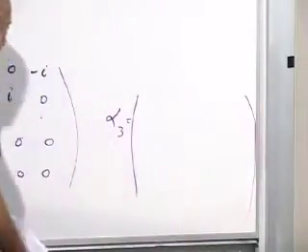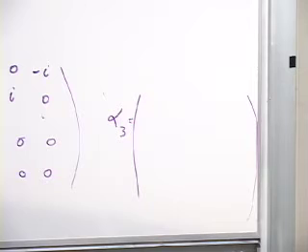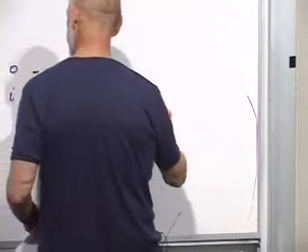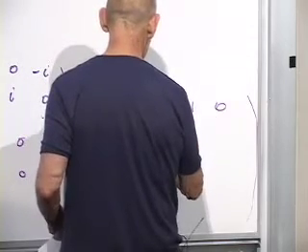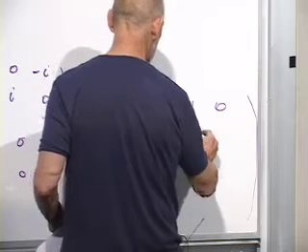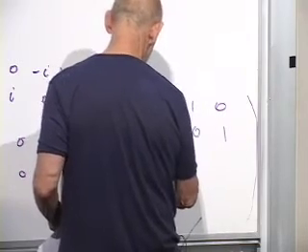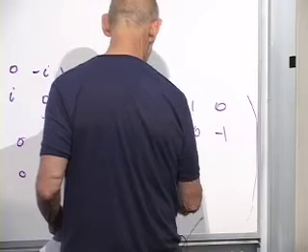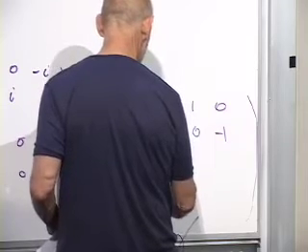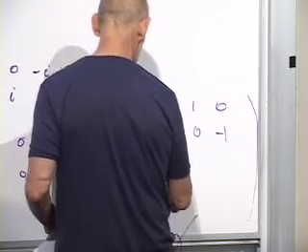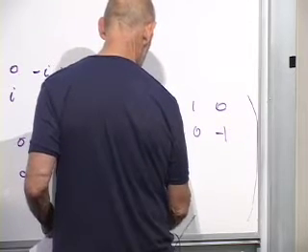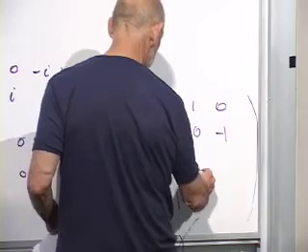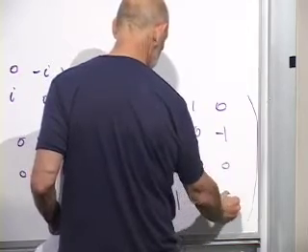Somebody want to take a stab at it? 0, 0, 0, 0, 0, 1, 0, 0, 0, 0, 1, minus 1, 0, 1, 0, 0, minus 1, 0, 0, 0, 0.